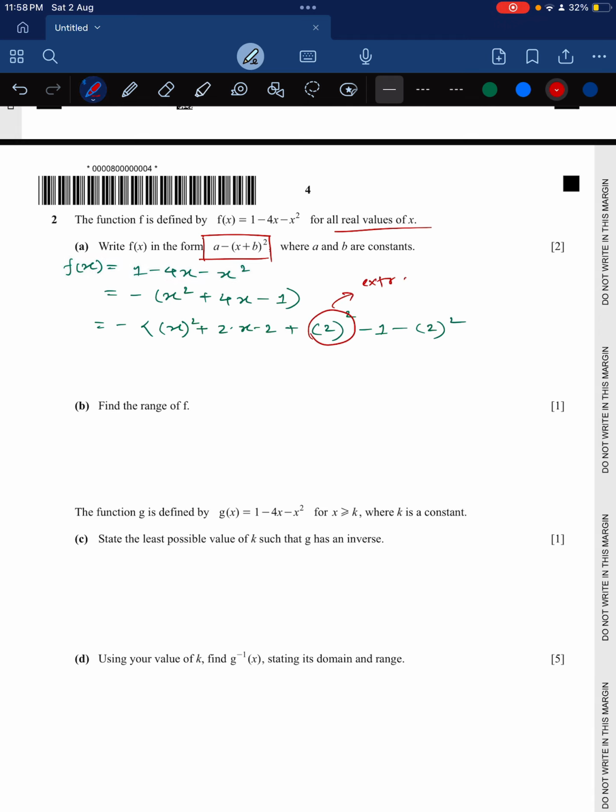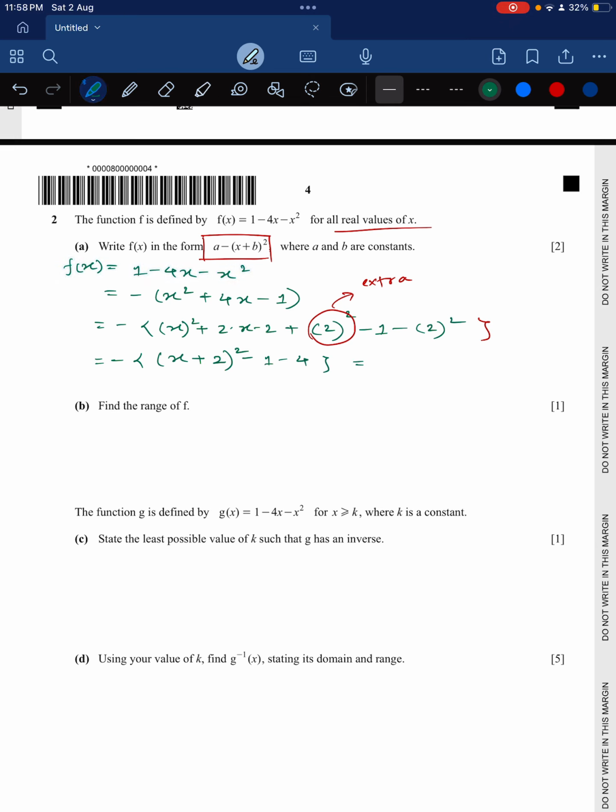We have taken this to convert into the format, so that we can get a plus b or a minus b whole square. So it will be x plus 2 whole squared minus 1 minus 4.